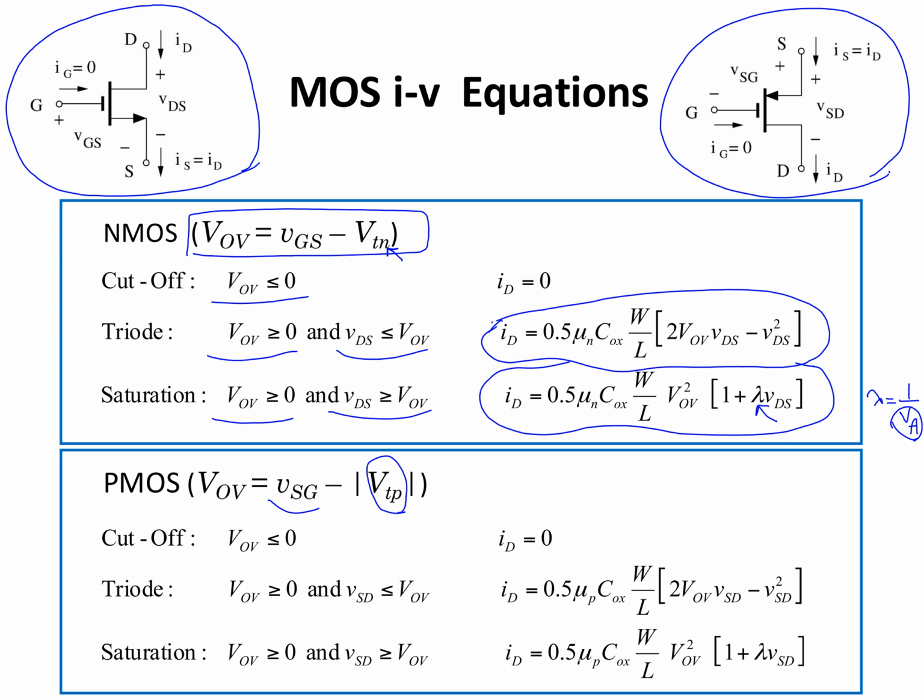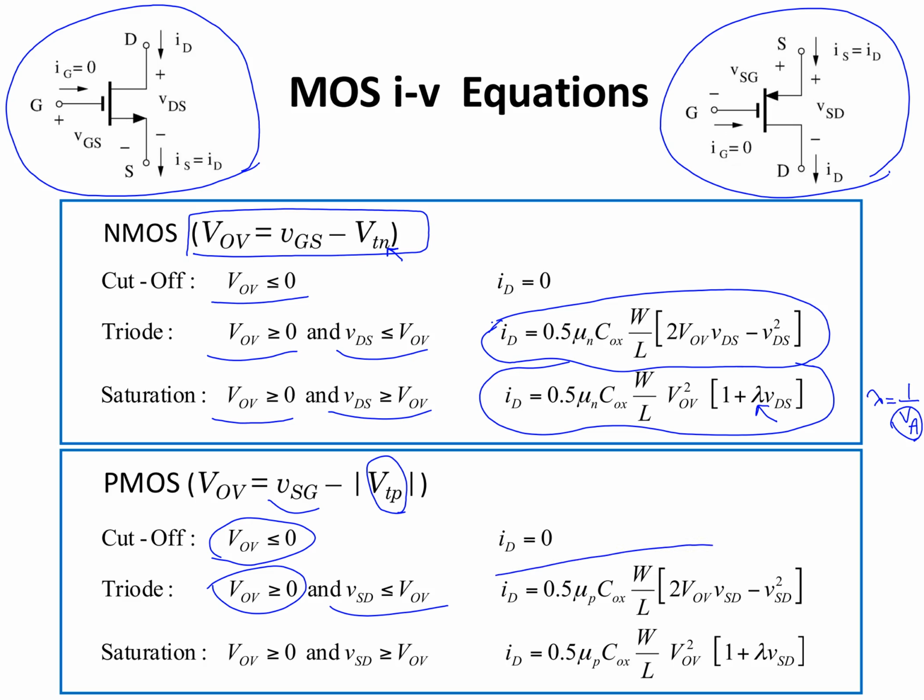So if it is in cutoff region, overdrive voltage is less than or equal to 0. When it goes in the triode mode, overdrive voltage is greater than 0. Also, voltage of source to drain is less than or equal to V overdrive. Again, we are using V sub SD instead of V sub DS for the case of PMOS, because voltage from source to drain is going to have a positive value.